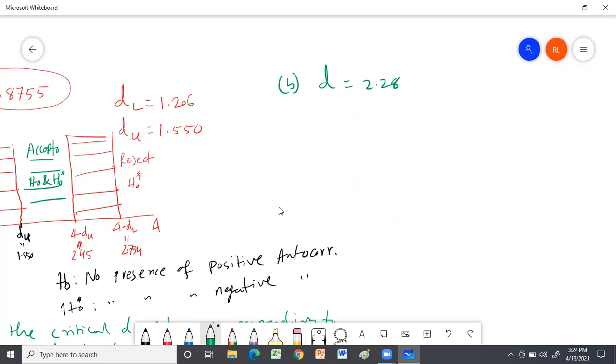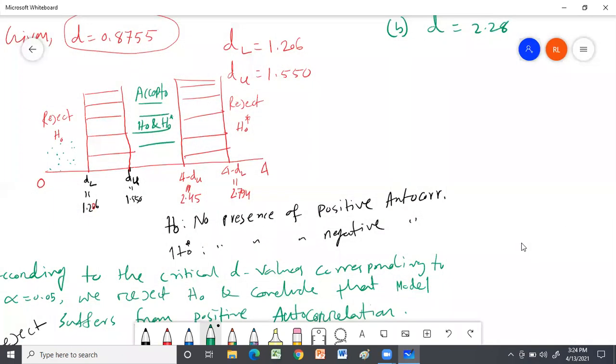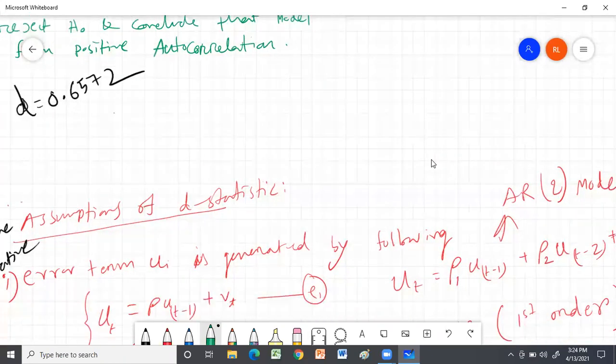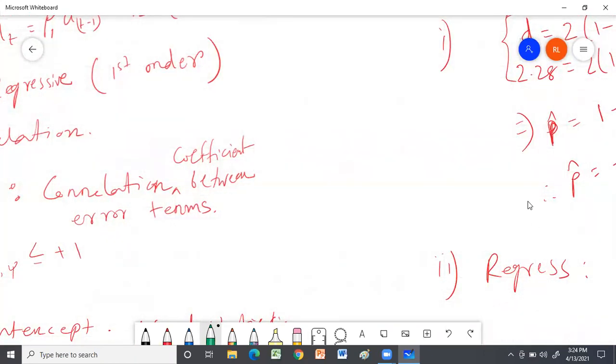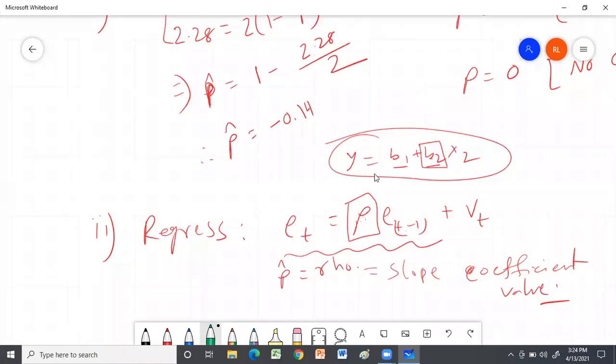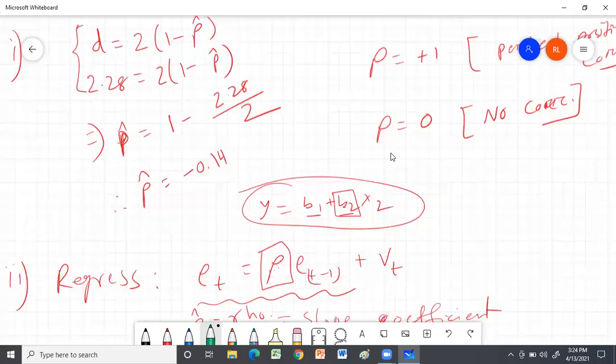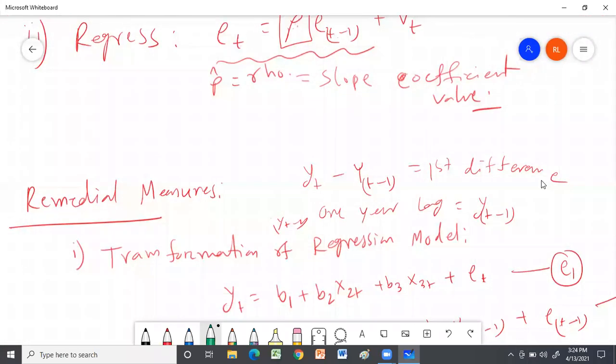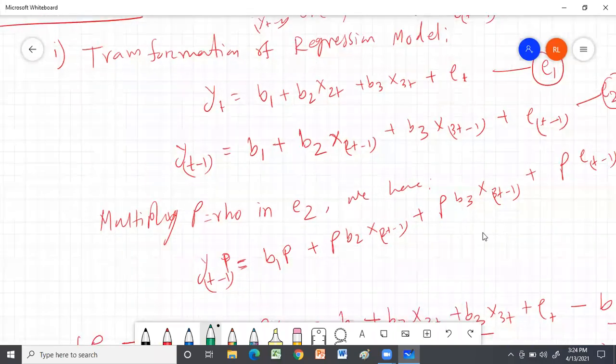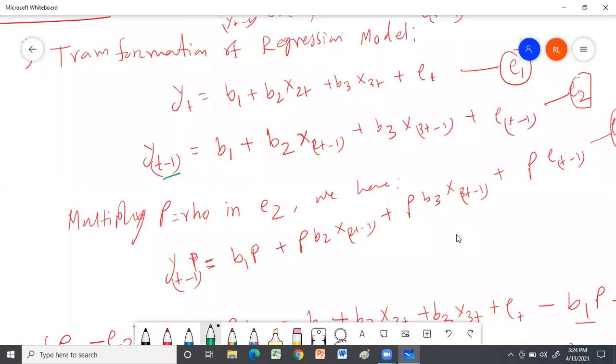Now, one thing that I missed in the last class, and after finishing the class I realized I missed one issue. When you transform the regression model, with the transformation method you followed in the remedial measure step to remove the problem of autocorrelation, you use the one year lag period. In this transformation, you can see T minus 1 when you are taking equation number 2, that means you are taking one year lag period data.